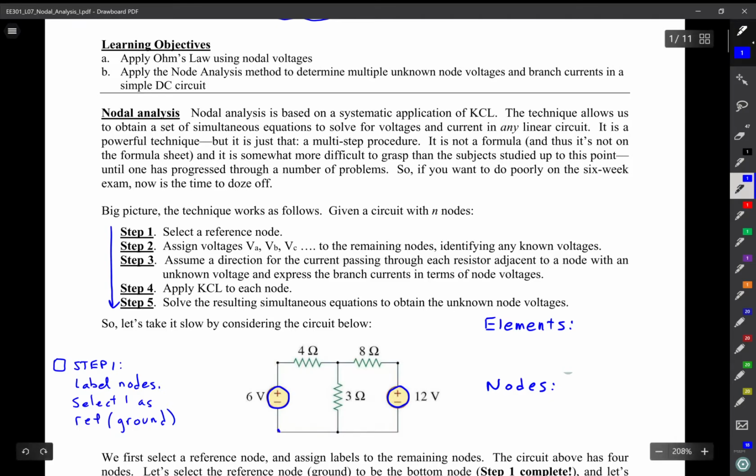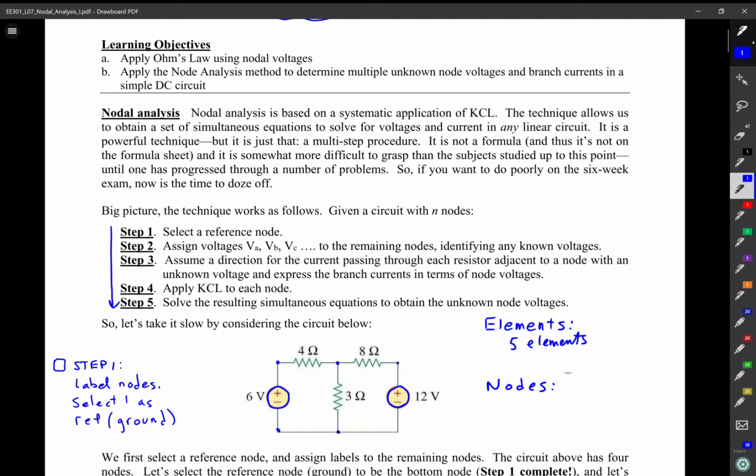The two terminals are shown here and here. That's a terminal, two terminals, and so forth with all these elements. So we say that we have a total of 5 elements. 2 of them are sources and 3 of them are resistors.